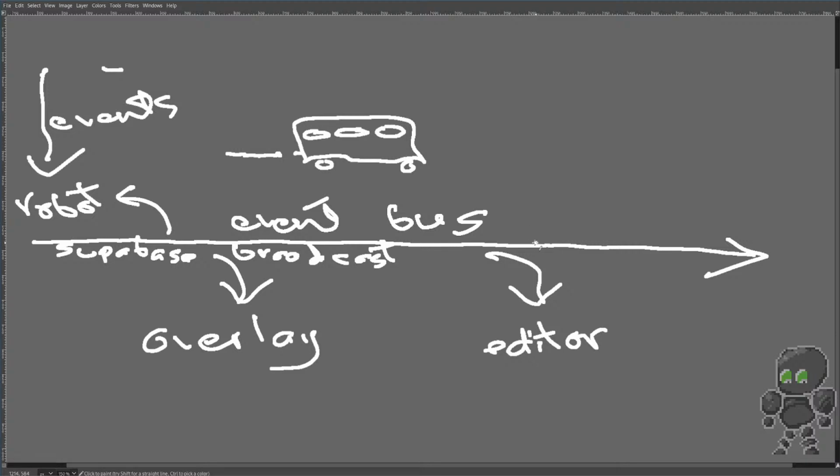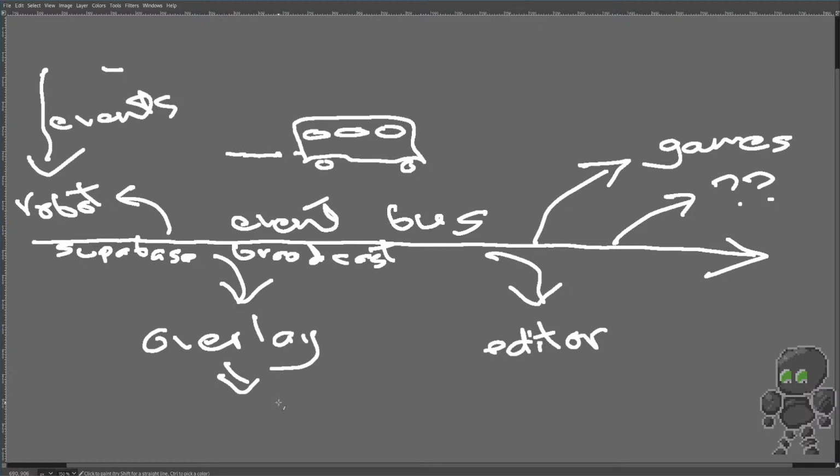But also other things like games. I don't know. Question mark. Anything can subscribe to the event. So it can be used multiple times. And anytime it occurs, if we want to, the overlay could queue things.